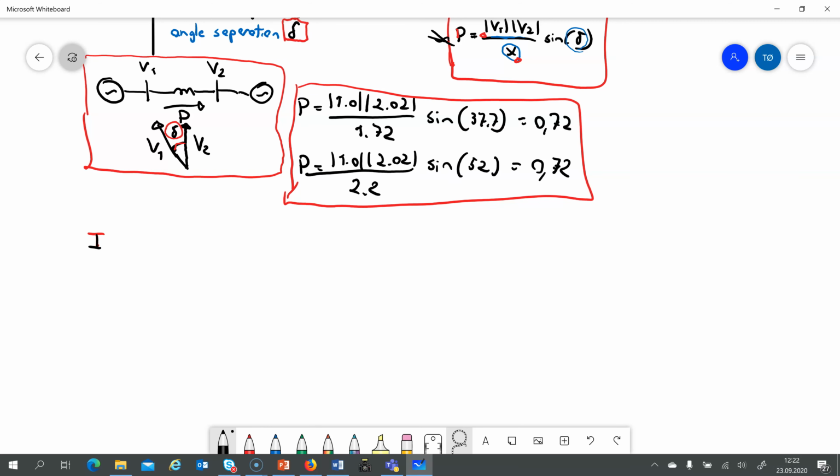Let's see, V1 at angle theta 1 and V2 at angle theta 2 like this, and X of course the reactance of the line. We then have the following relationship, Euler's formula.